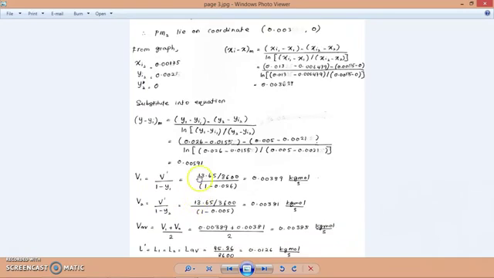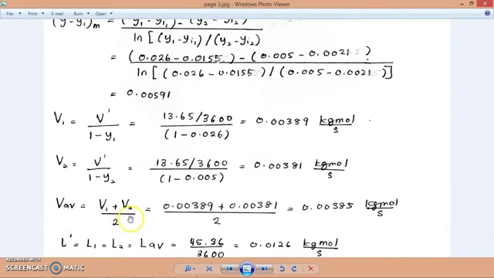So then it will be easier for you to do the unit cancellation. And VAV is actually the V average, where (V1 plus V2) over 2. Make sure the unit of the volumetric flow rate V and the mass transfer coefficient are standardized. Based on this question, the unit for the mass transfer coefficient is in hours, and for the volumetric flow rates V1 and V2 is in seconds.